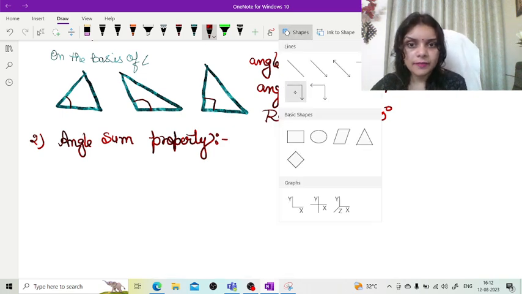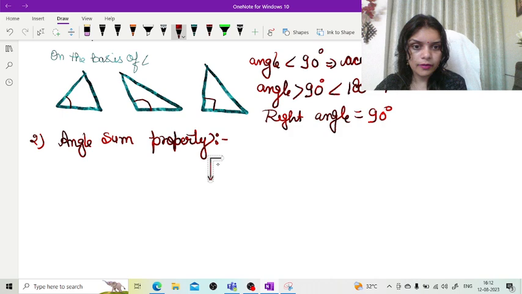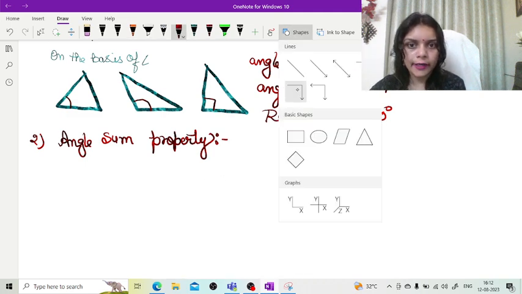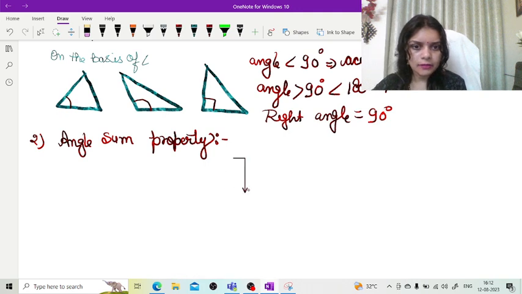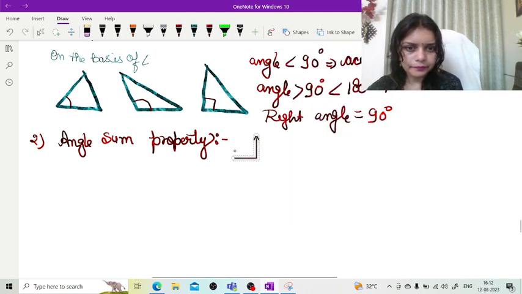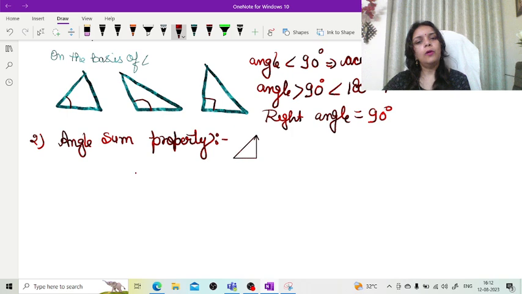According to angle sum property, I am drawing one triangle, right? Suppose this is a triangle. Now I am giving some names to the triangle.